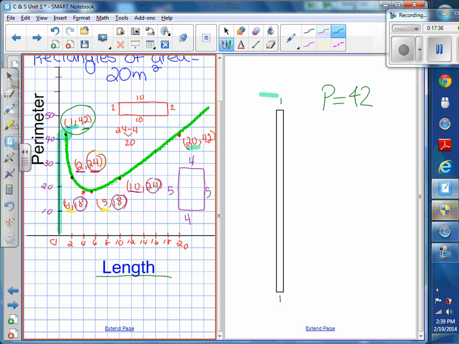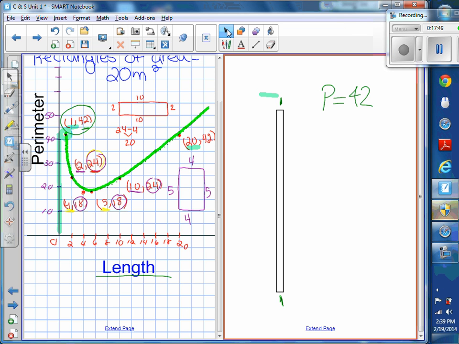So the length is 1, the perimeter is 42. So I'm putting a 1 here and a 1 there. Remember that this could be rotated sideways too. It could be long and skinny, right?